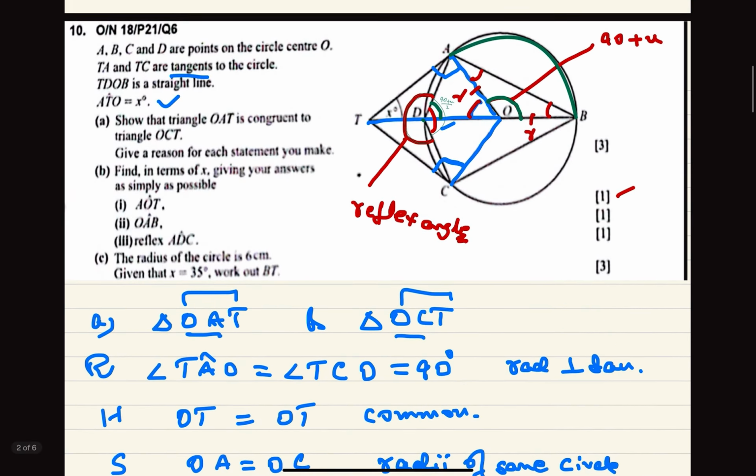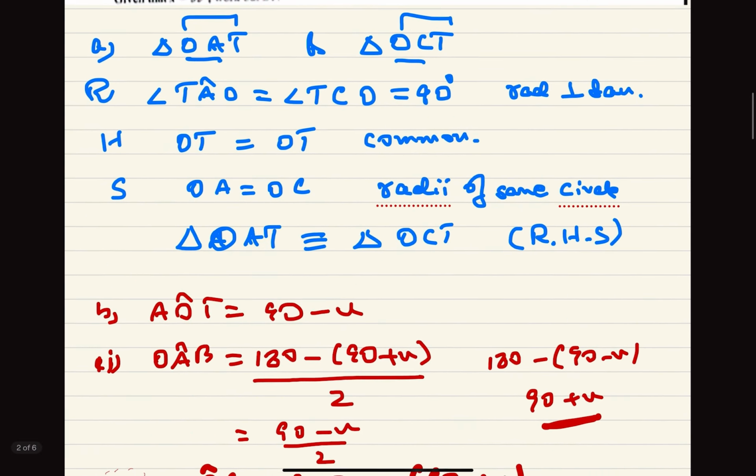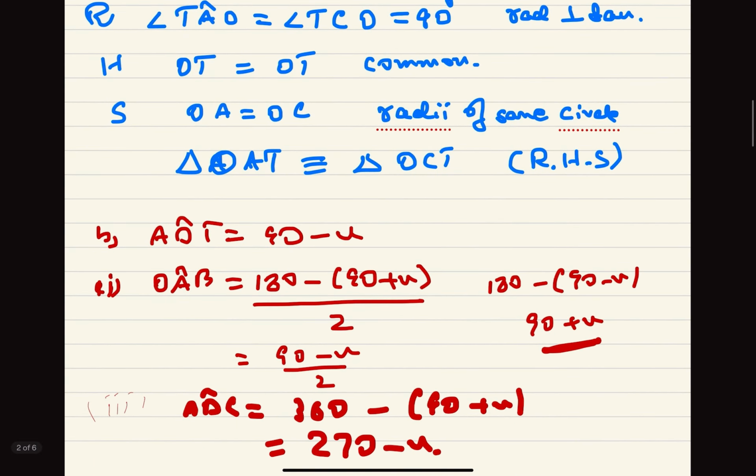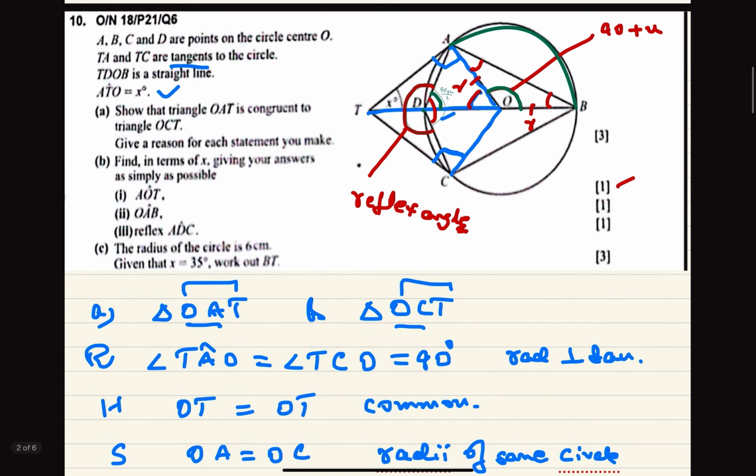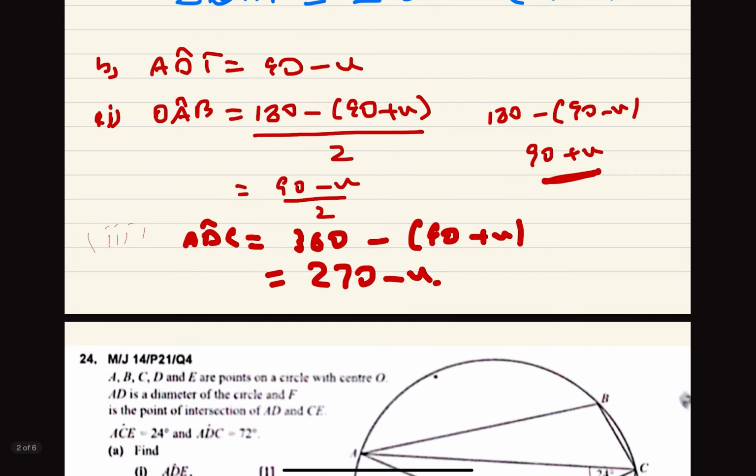And then this 90 plus x, I subtracted it from 180 and divided by 2. That's correct. Then ADC is this angle, that is 90 plus x divided by 2, correct? When I multiply this by 2, this is 90 plus x, and when I subtract this from 360, this is 270 minus x, yes. So this is reflex 270 minus x.